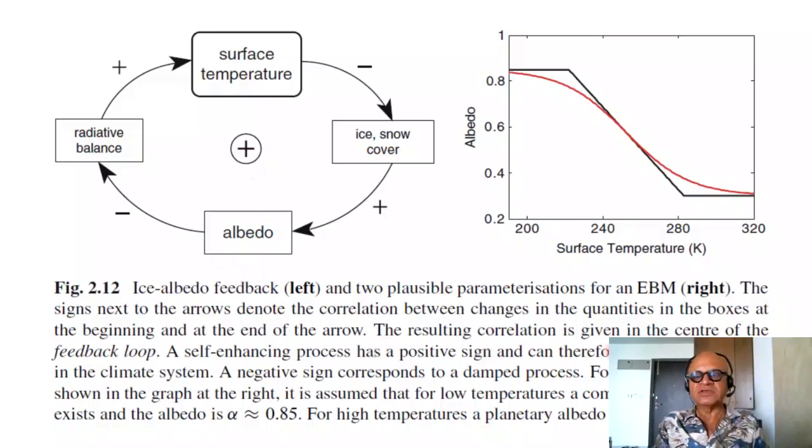A self-enhancing process has a positive sign and can therefore lead to instabilities in the climate system. A negative sign corresponds to a damped process, so a thermostat is a negative feedback.